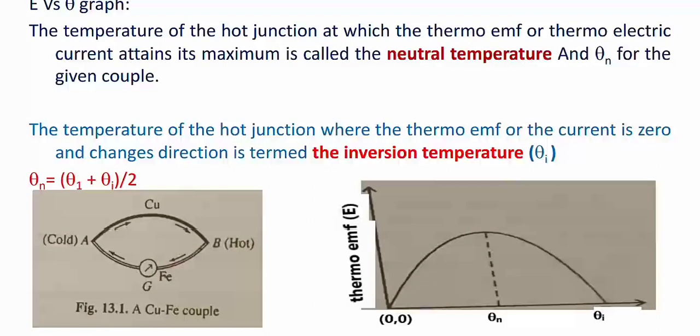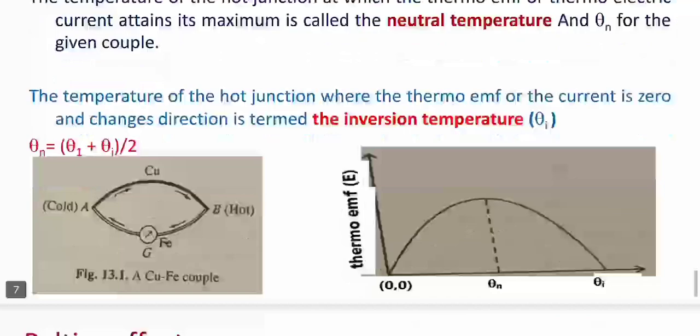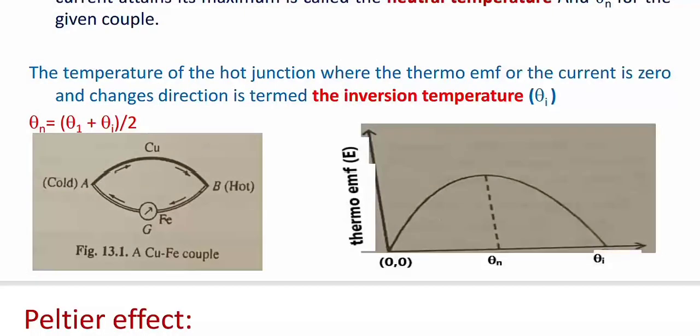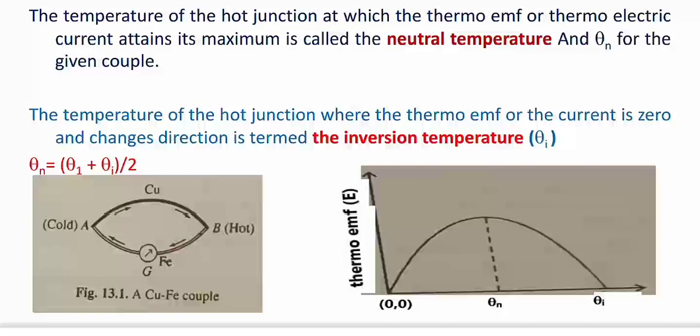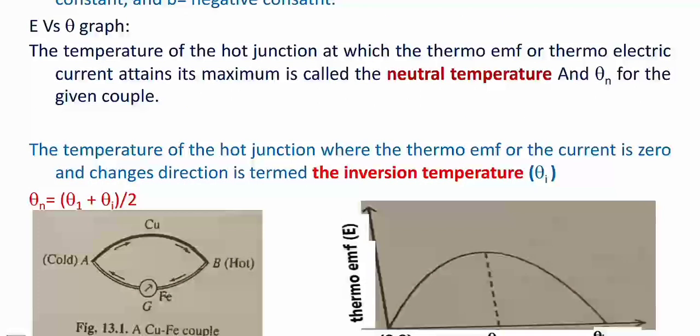The temperature of the hot junction at which the thermo EMF or thermoelectric current attains its maximum is called the neutral temperature. From the graph of thermo EMF versus temperature you observe that when the temperature difference is theta n, the maximum thermo EMF is generated in the circuit. When the voltage difference in a circuit is more, then more current will flow. This is the neutral temperature.